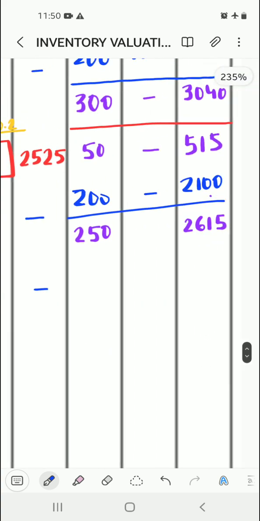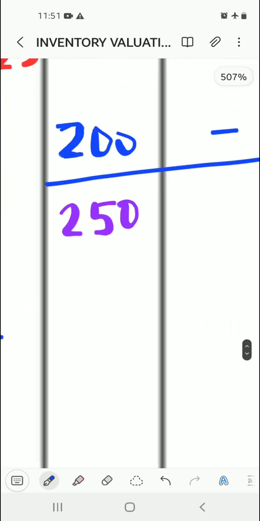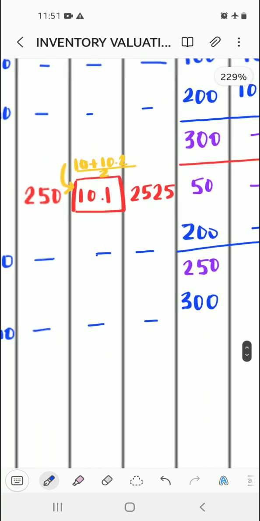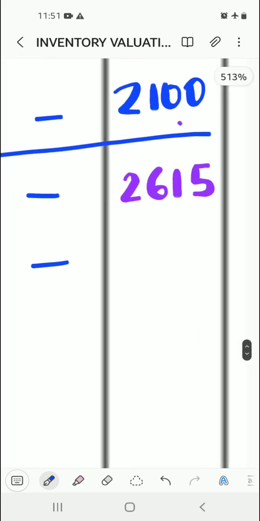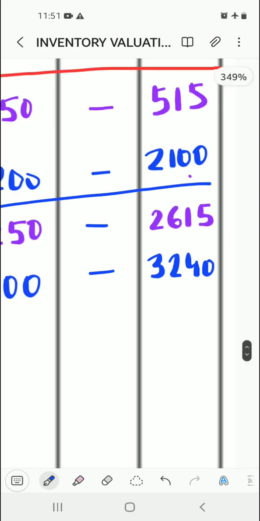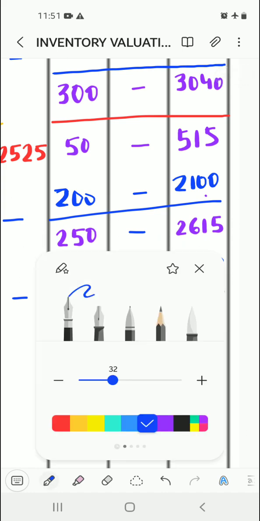Then we are going to write the total 250, and right now we have got 300 more units. So we're going to write it here, and the amount was 3240. Nothing to write here, 3240 here. Now we are going to write the total 250 previously we had, and right now we have got 300 more units.